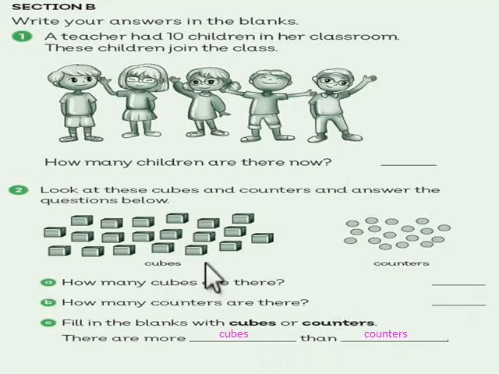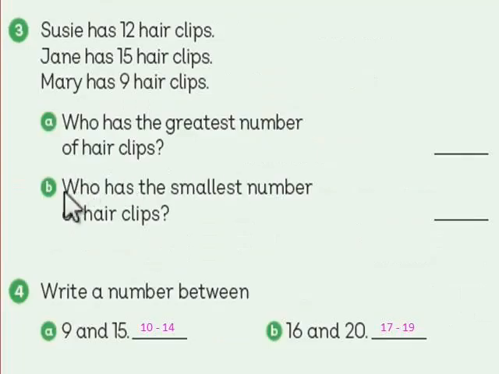Okay, number 3. Susie has 12 hair clips. Jane has 15 hair clips. Mary has 9 hair clips. Who has the greatest number of clips? Okay, when we say who, it means the name of the person. Susie, Jane, and Mary.